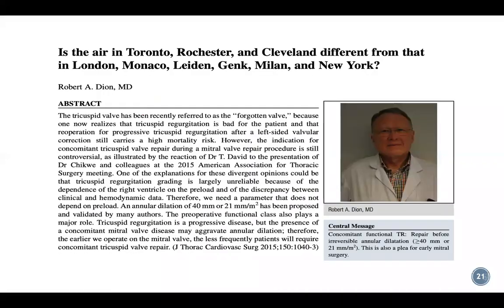Moreover, Robert Dion also wrote an editorial and agreed with McCarthy, and he added that concomitant functional TR repair, done before irreversible annular dilatation of more than 40, will help decrease morbidity and mortality.